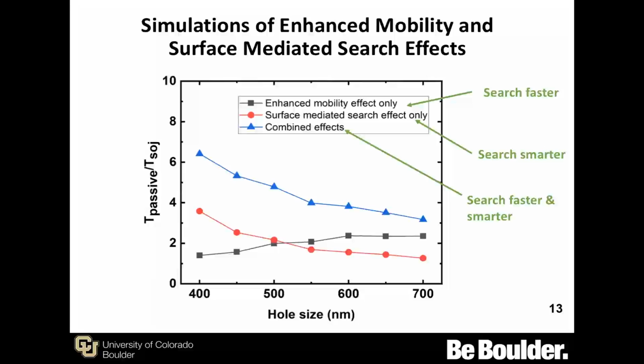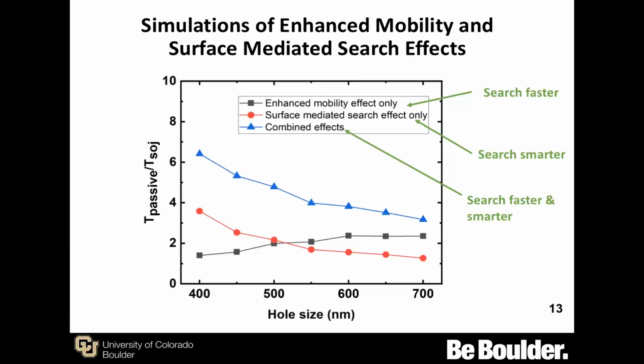Well, if we combine these two conclusions together, one is that the nanoswimmers search faster, and the second is that they search smarter, able to move around the boundaries, which is a much more advanced search algorithm. We did another simulation in which we decouple these two processes. In one case we only consider the diffusion coefficient difference, and in the second case we only consider the same diffusion coefficient.